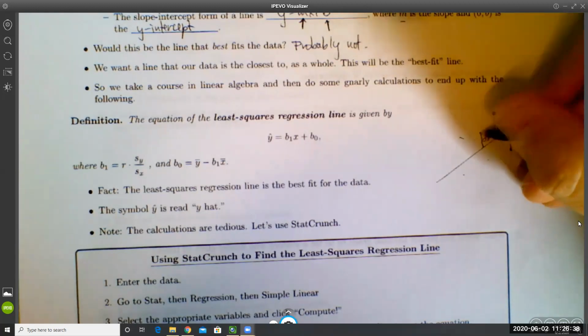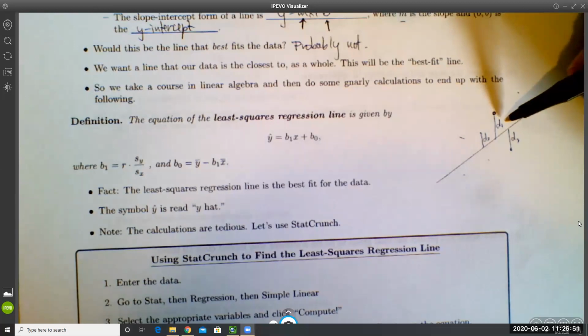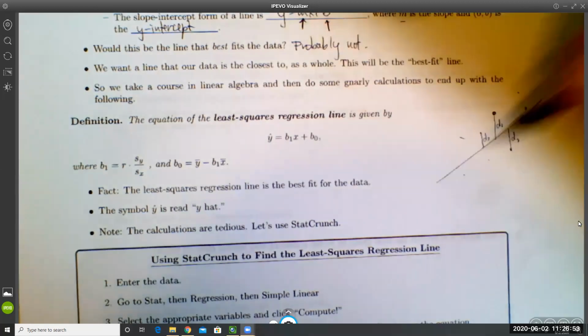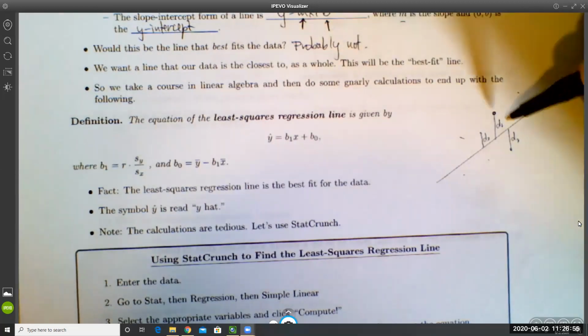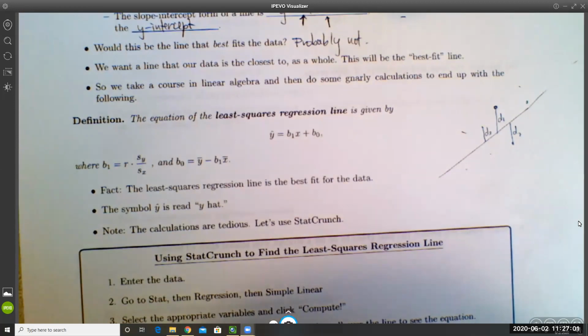So you have all these distances, and that's actually a really bad drawing, but hopefully you get the idea. You want to draw the line so that it minimizes these distances, the average of those distances. That's essentially what the least squares regression line does.